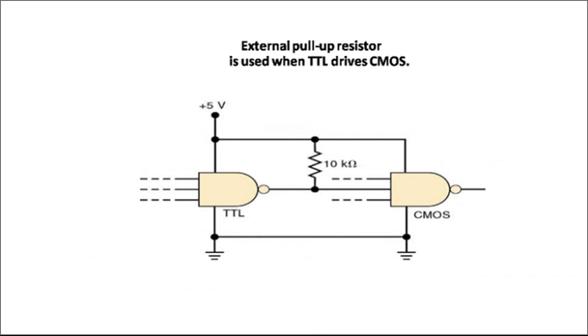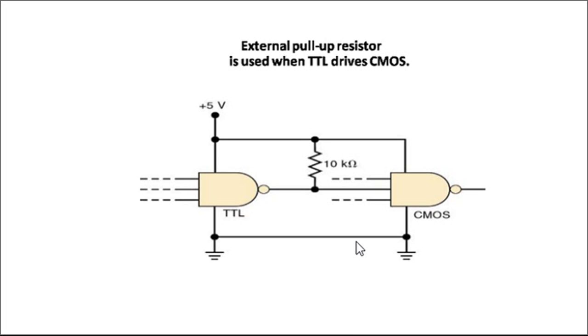Now, an external pull-up resistor is used when TTL drives CMOS. If you observe the interfacing diagram, here is the plus 5 volt TTL and here is the CMOS.